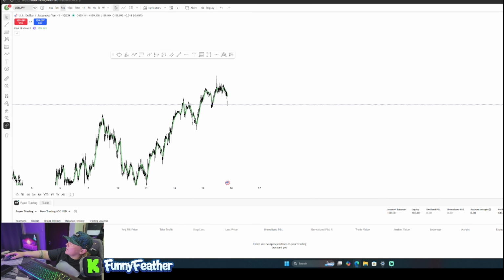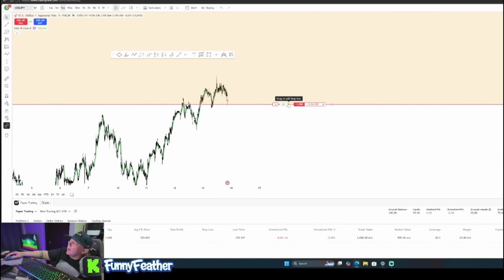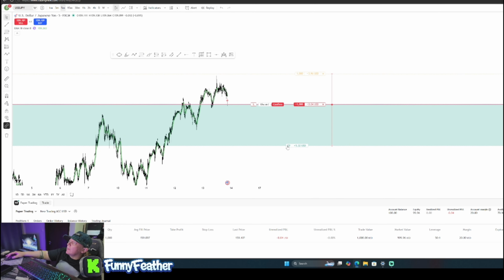So we have a market order. Maybe let's say we sell, boom, automatically in the trade. Already done. Now let's say we have our stop loss over there. We need our take profit, at least a 1, 2, 3, right? So 396 would be over here.